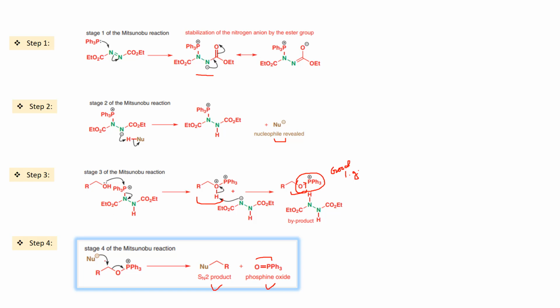After that, if you add a nucleophile, it can easily displace it from the system and we get our desired SN2 product with the inverted stereochemistry. Okay.